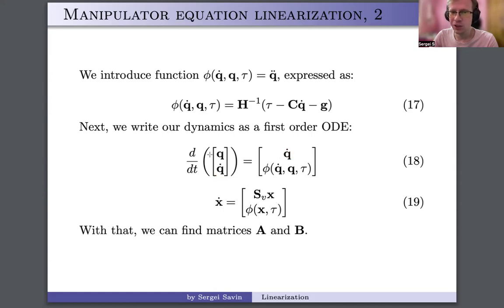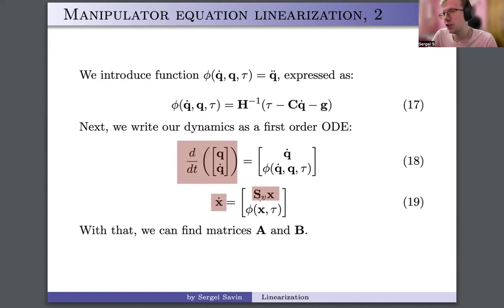Once you take a derivative, you would basically have Q dot equals Q dot. Like, if you actually open the brackets on the left-hand side, the first equation would be Q dot equals Q dot. So it feels unnatural. But as soon as we replace this with X dot, it becomes natural. We replace it with X dot, and Q dot becomes just a selector matrix times X, right?